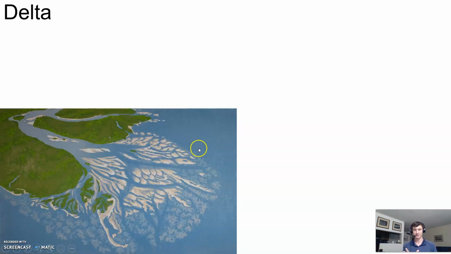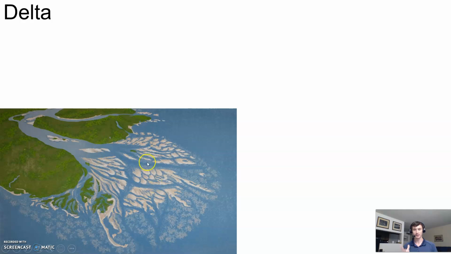This is another example of the delta here. You have a stream which meets a larger body of water, and it's the water moving relatively quickly through the stream, and then as soon as it hits that larger body, the energy of the stream dissipates, and all of the suspended particles, all of the particles of sediment which are in the river, suddenly slow down really, really quickly as they hit this big, relatively slower moving body of water, and then as it slows down, the sediment tends to fall out.